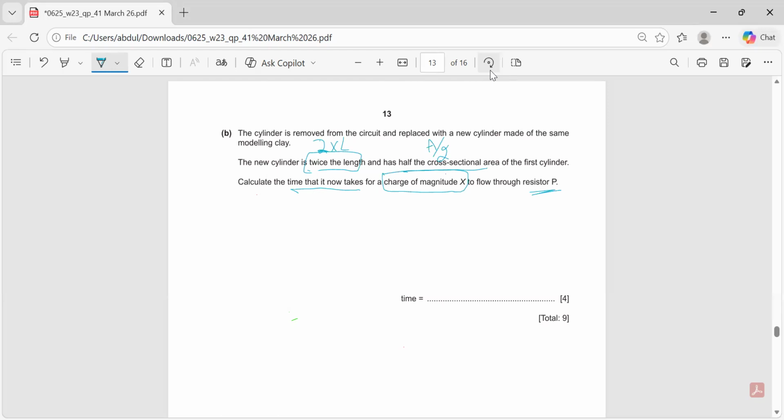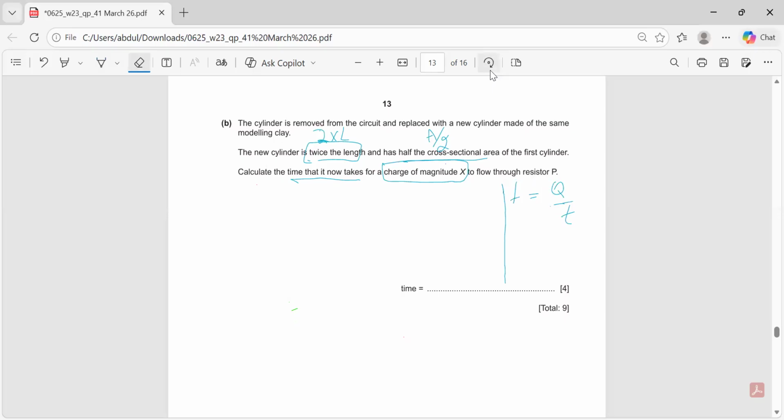Now, what will happen? One thing should be crystal clear in your mind: we are going to calculate this answer by I equal to Q over T. And we need time, so make time the subject of the equation.